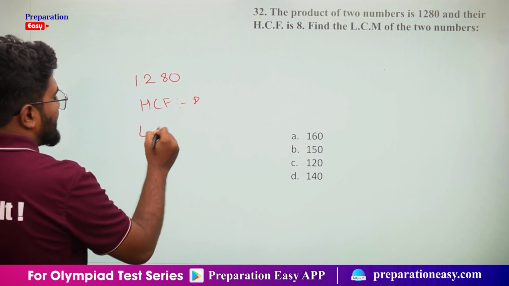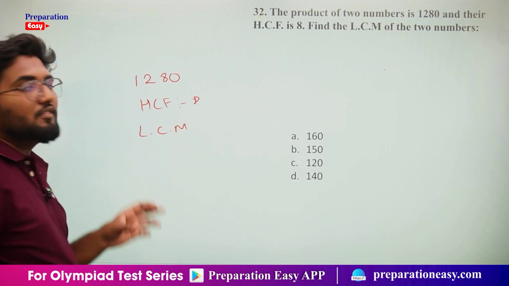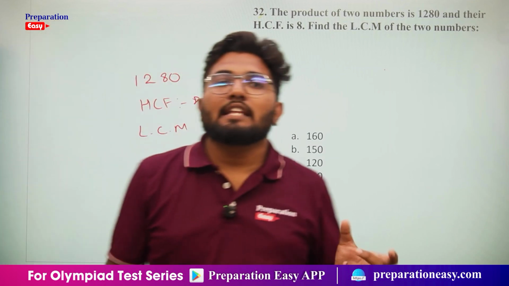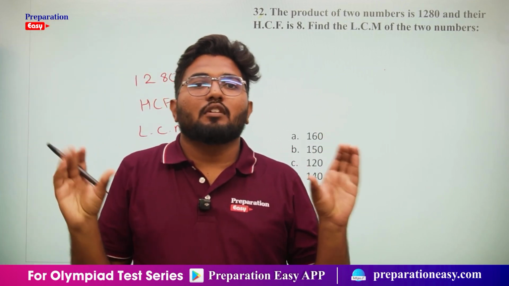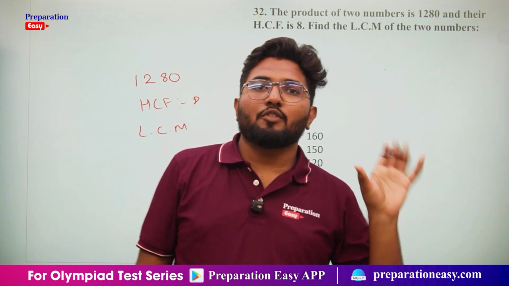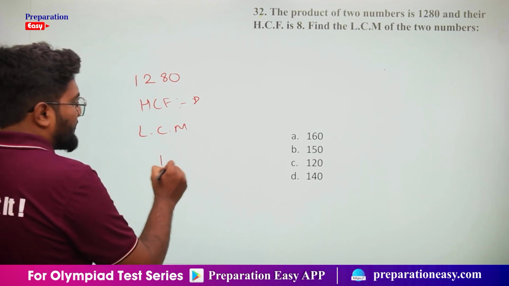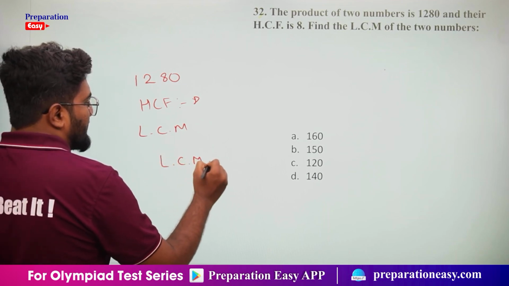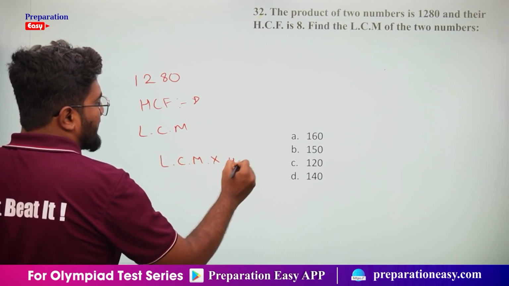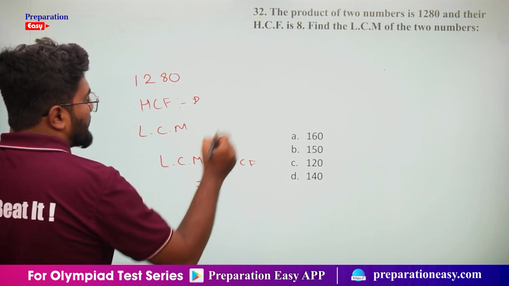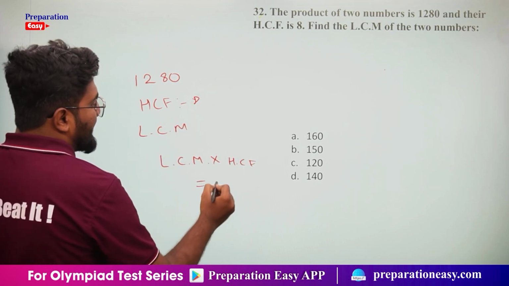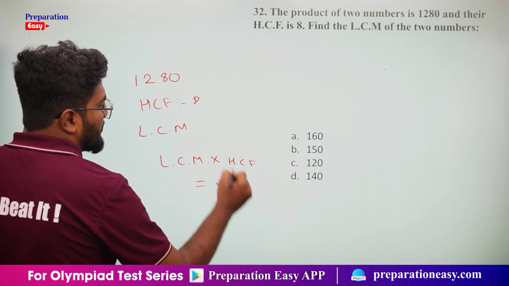We have to find the LCM. The formula to find this is that LCM multiplied by HCF is always equal to the product of the two numbers. So the formula will become LCM multiplied by HCF is equal to the product of the two numbers, that is 1280. So HCF we know.